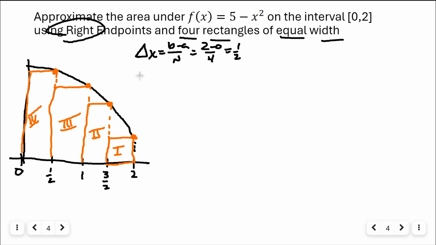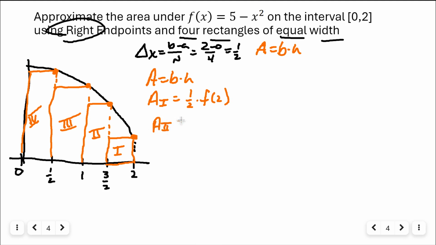Now I need to calculate the area. Now, this is an approximation, right? It's not the true area. You can certainly see it's not enough. Okay, it's short, right? It's missing area that's underneath the curve. All right. We're finding the area of the rectangle, which is base times the height. Let's start with rectangle number 1. Rectangle number 1, its base is still a half a unit, and its height is f of 2.